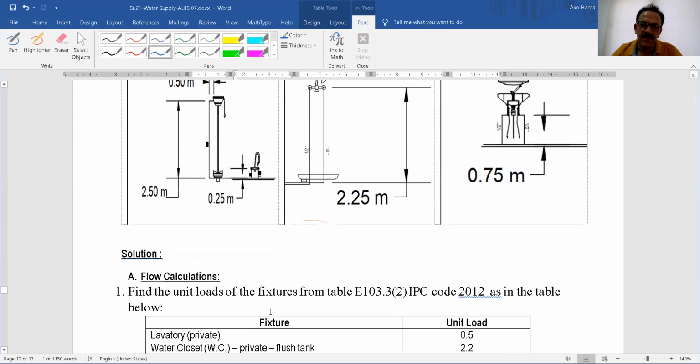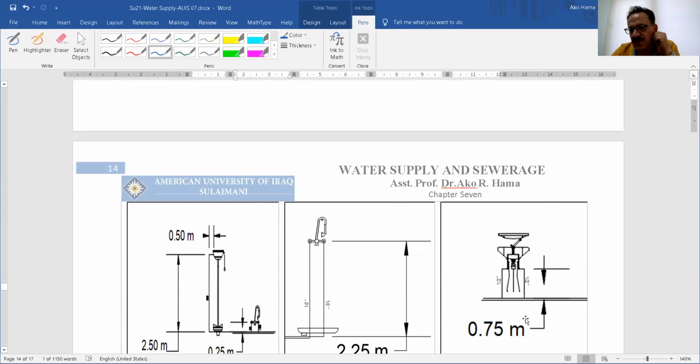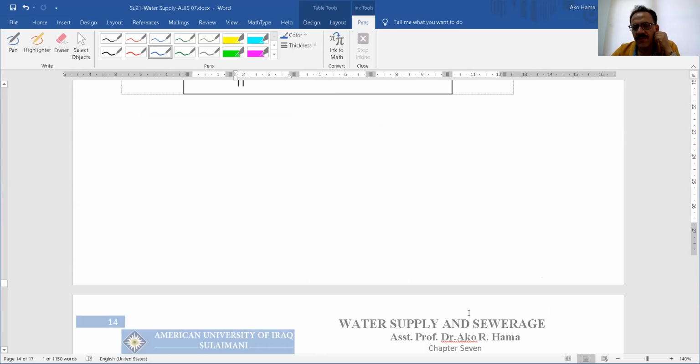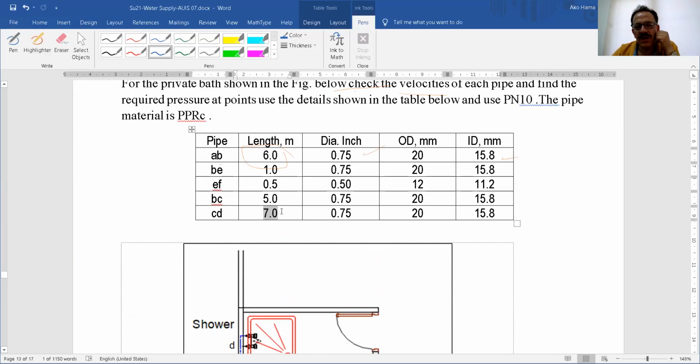After that 7 meters, we have another 2.25 meters for the hot water and for the cold water. So you have to be aware. We also have the lavatory, from C to this lavatory, and then we have to add.